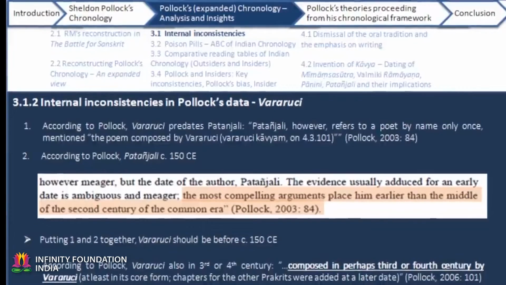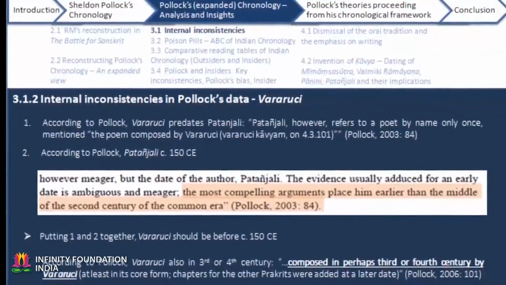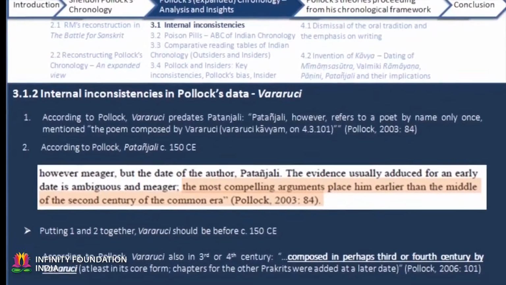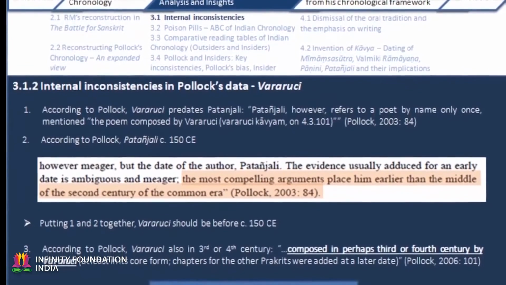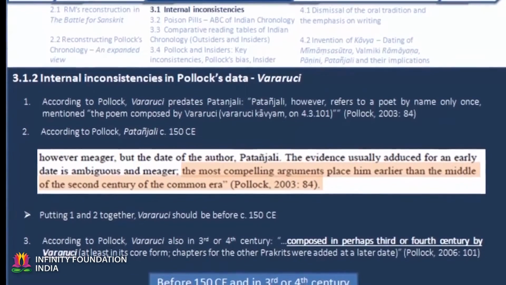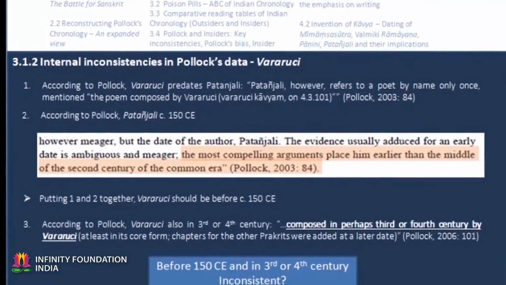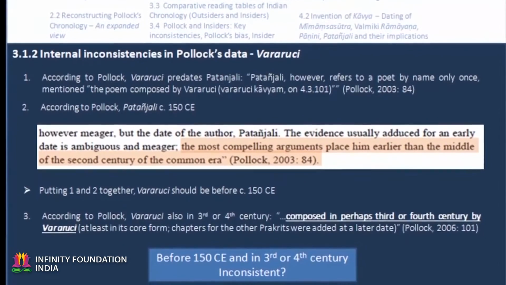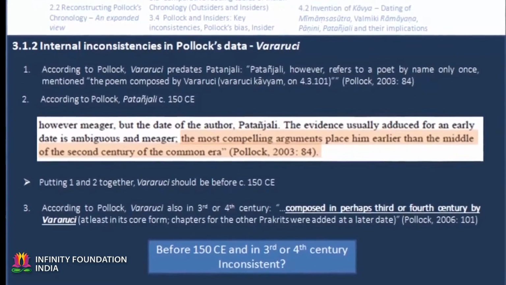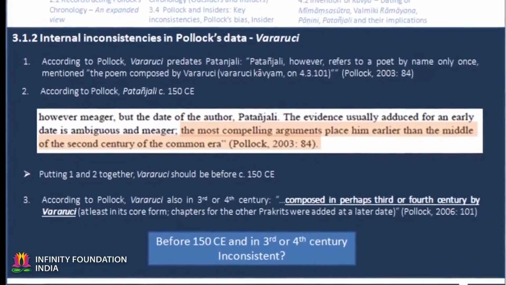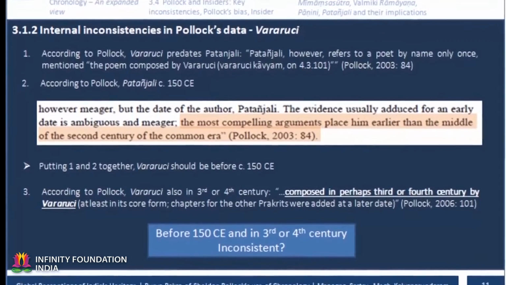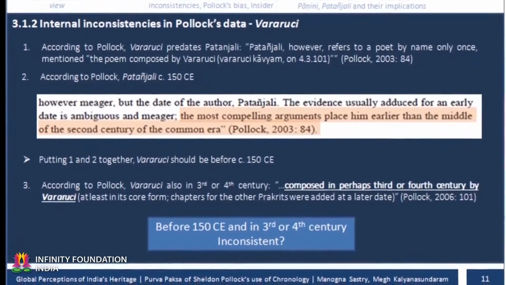Second, while on page 84 of The Language of the Gods in the World of Men, Vararuchi, according to Pollock, predates Patanjali, and Patanjali is pegged to circa 150 CE, 17 pages thereafter, on page 101, Vararuchi, who earlier predated the circa 150 CE Patanjali, is now placed also in the 3rd and 4th century CE.